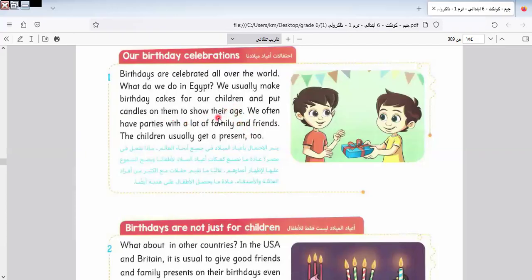Now we don't need to put 5 candles or 4 candles. We have one candle with the number 4, a candle with 5, and 6 and so on, and we put it on the cake. This is now available and easy, because you don't need many candles.